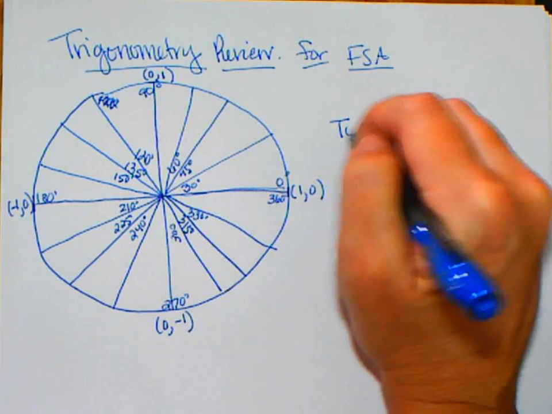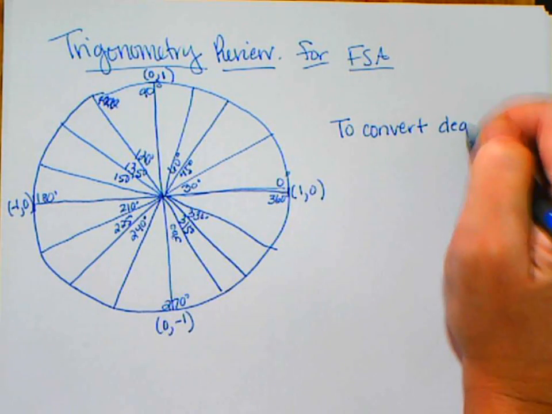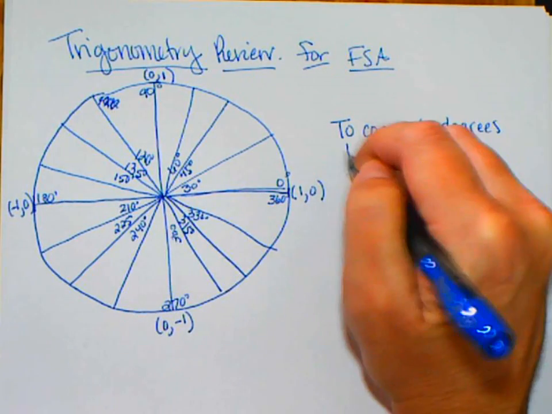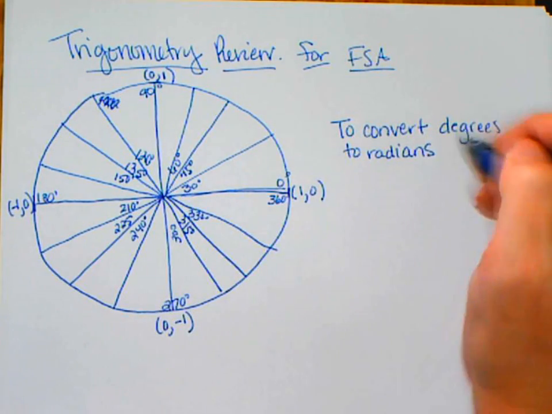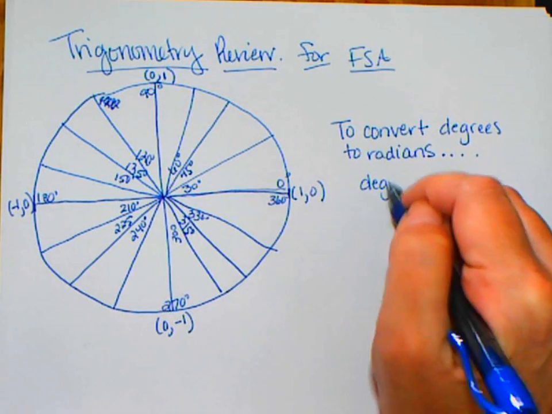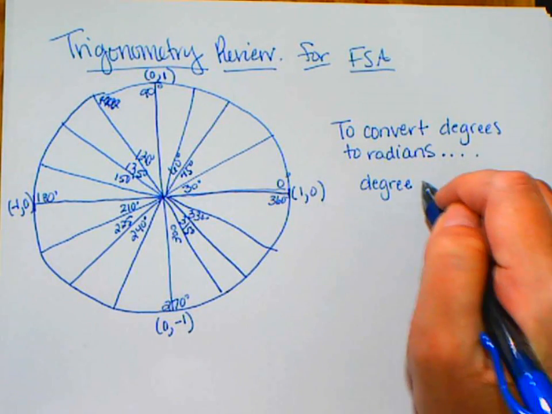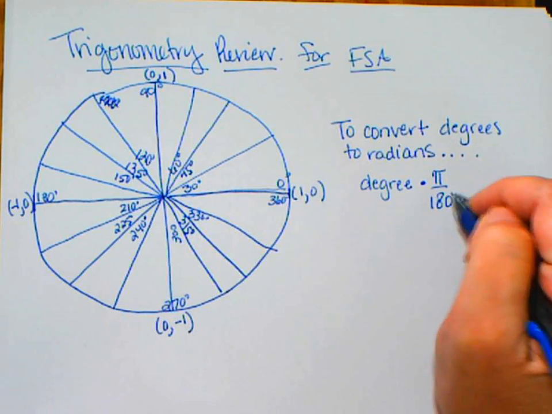So to convert degrees to radians, you take the degree that you're given and you multiply by pi over 180 degrees.